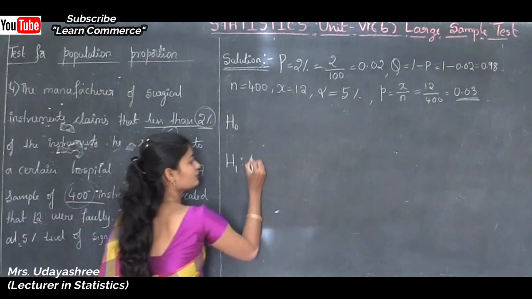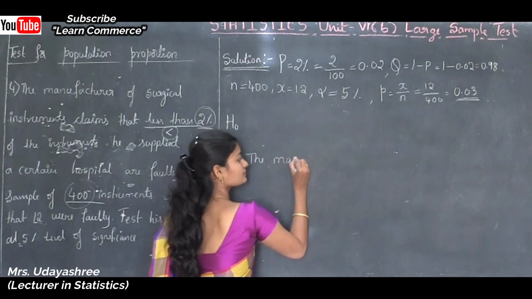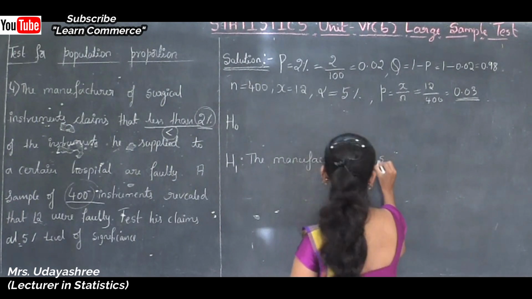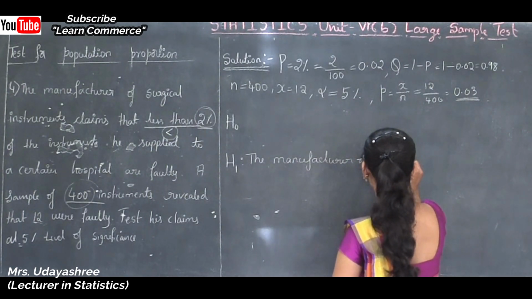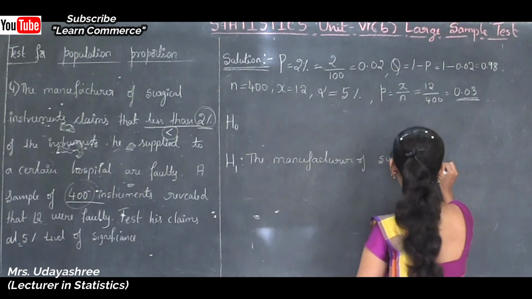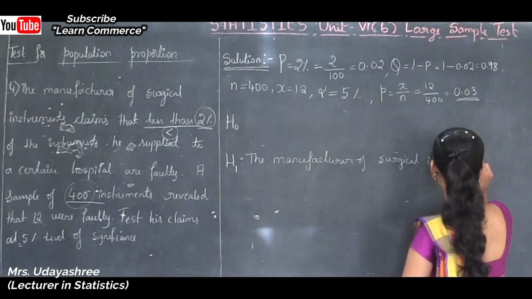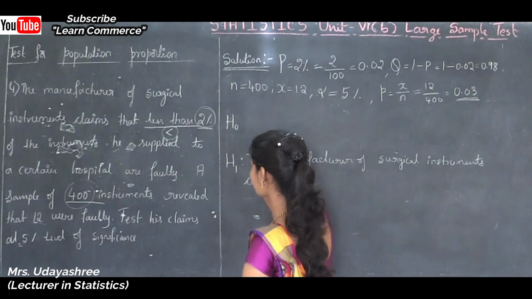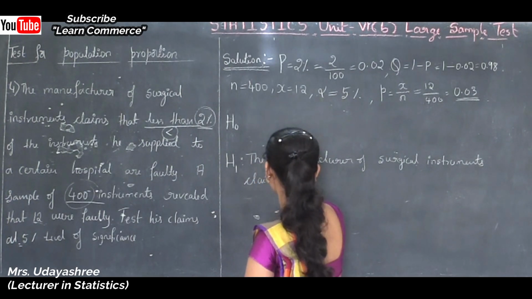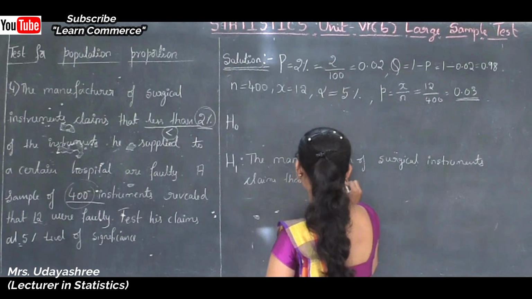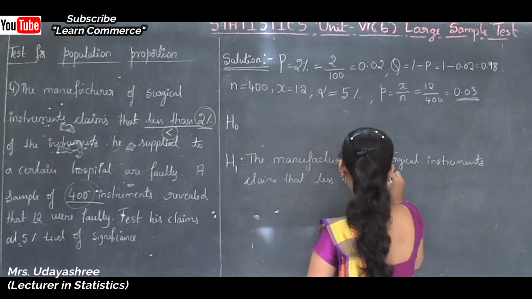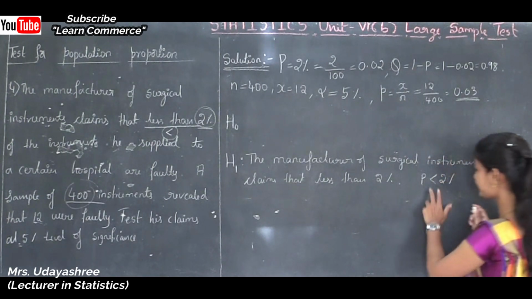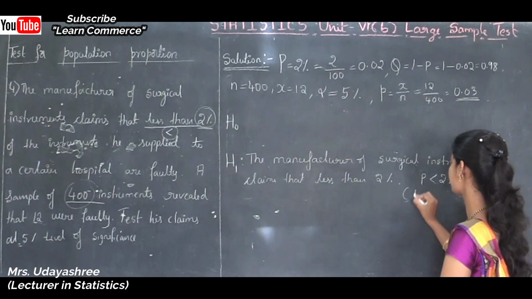The manufacturer of surgical instruments claims that less than 2%. That we can write P less than 2%. See, this is less than type, so this is left tail test.